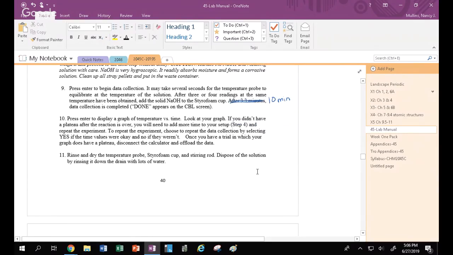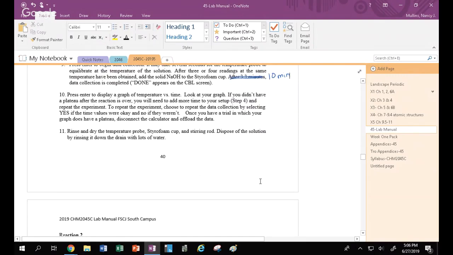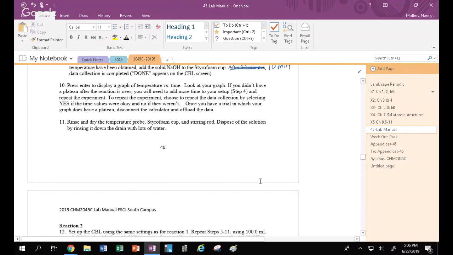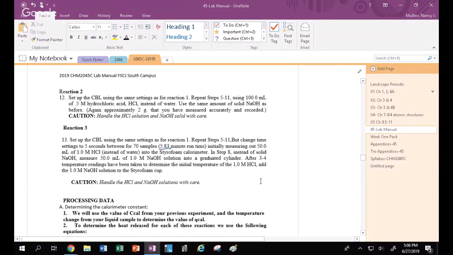But the third one, I reduced the number of samples so that it wouldn't take as long. So for the third experiment, this one should also take 10 minutes. This one should go a little bit faster, but just in case, we're going to give it 10 minutes. And the last one, if you have 70 samples, and we have 5 seconds per sample, that means we have 350 seconds.